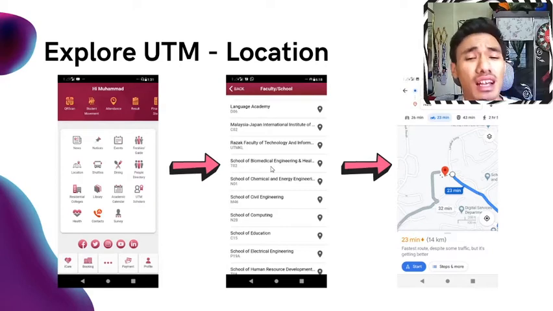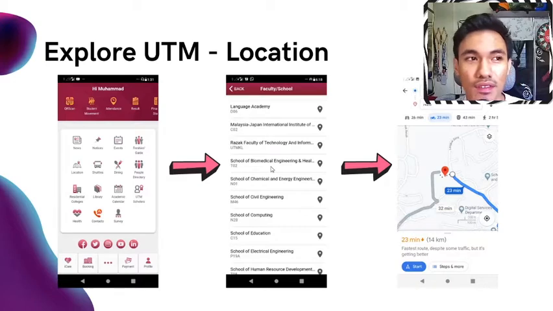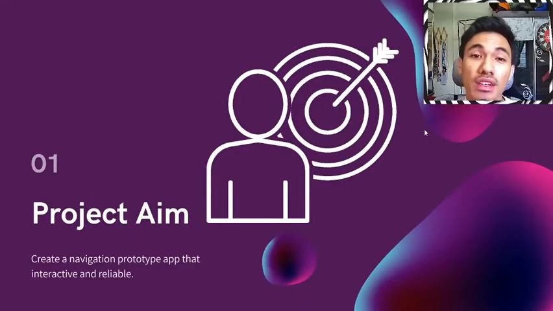Then I realized this was one kind of problem that we face. I'm going to solve it with this project, with the aim to create a navigation prototype app that is interactive and reliable, in terms of providing really complete information for the user.